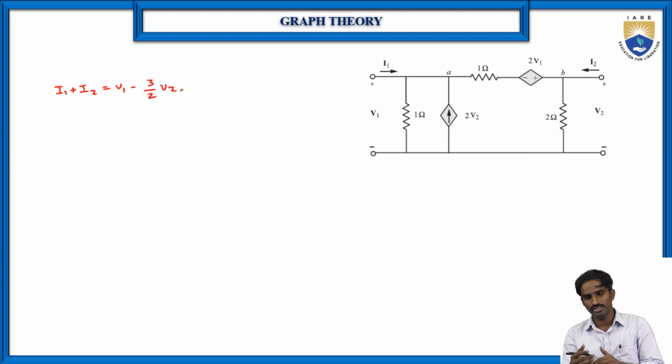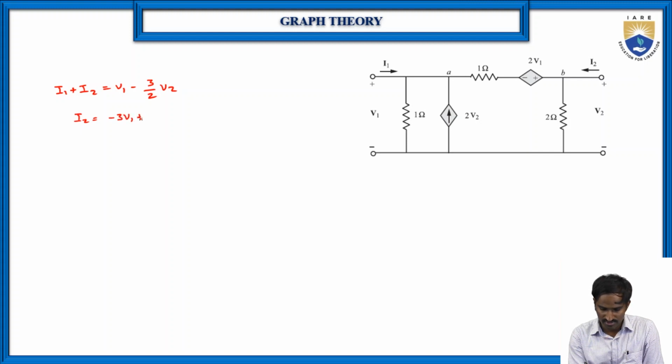Here I am writing the currents on one side and the voltages on the other side. Similarly, I2 is equal to minus 3V1 plus 3 by 2 into V2. So if you simplify or rewrite equations 1 and 2, you will get the equations like this.